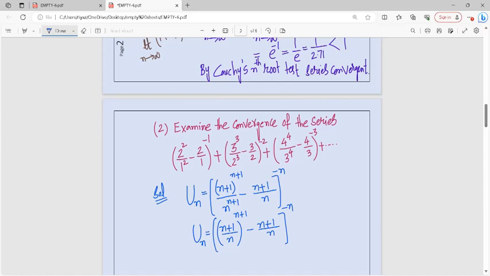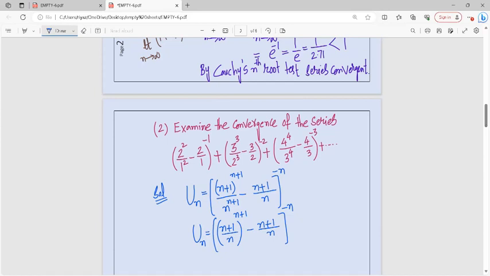Then we have to simplify some more steps, and then we have to take the nth root. So the steps which we are going to simplify, you can see very carefully.